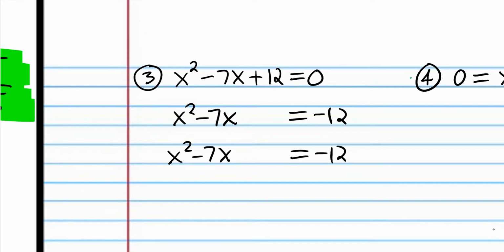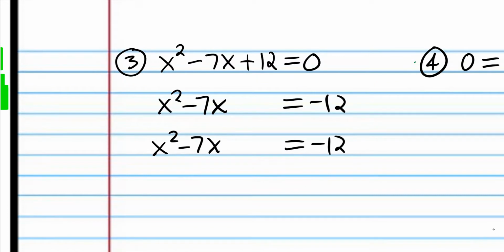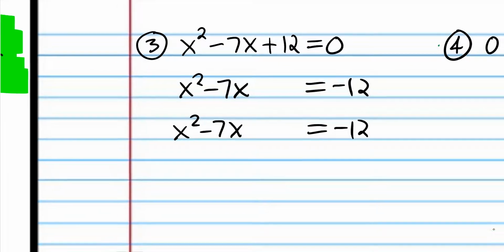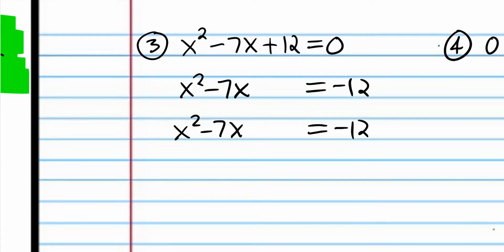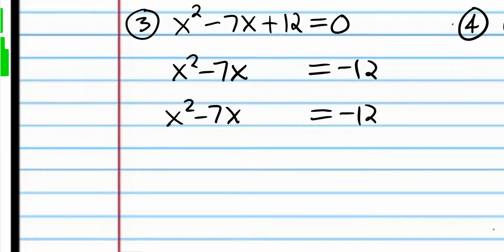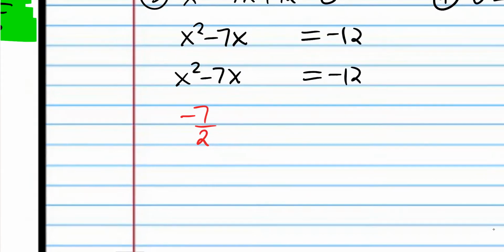So we're going to take the 12 and put it on the other side, like we did in the previous class, but now we have to complete the square. And remember, the coefficient of x, that tells us how to complete the square. So we take that coefficient of x and we do 2 things. We divide by 2, and then the next step is we take that and we square it.